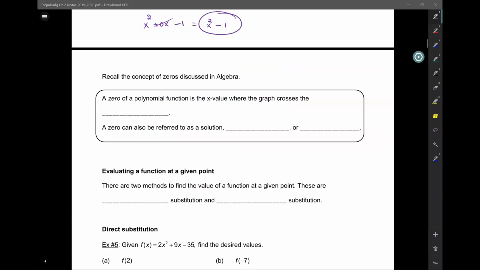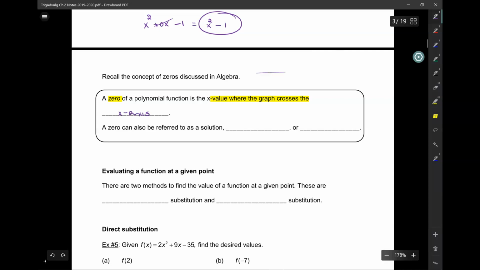Okay, so let's talk about what a 0 is in algebra, right? In algebra, if we talk about a 0 of a polynomial function, it's the x value where the graph crosses the x-axis.